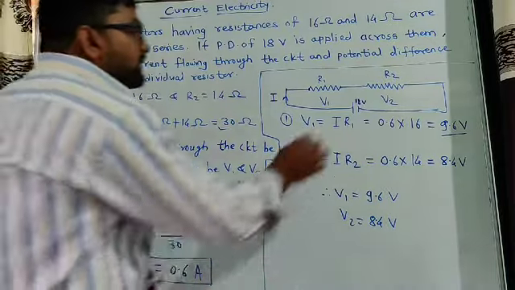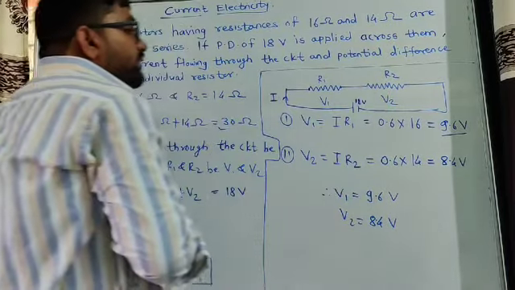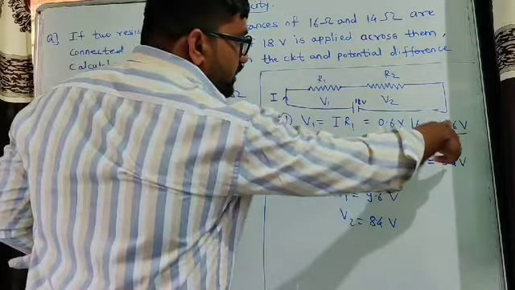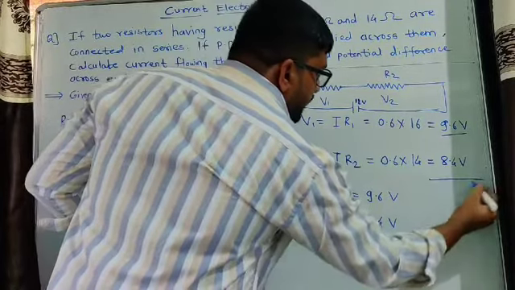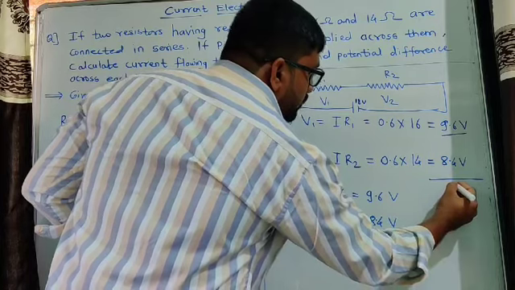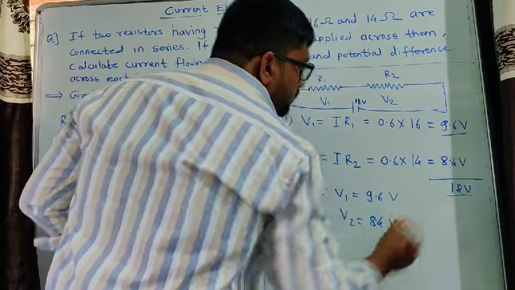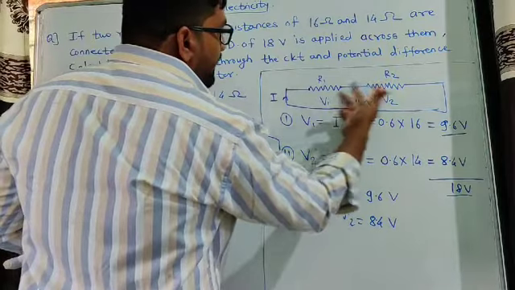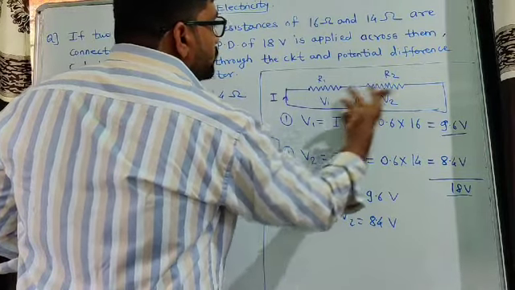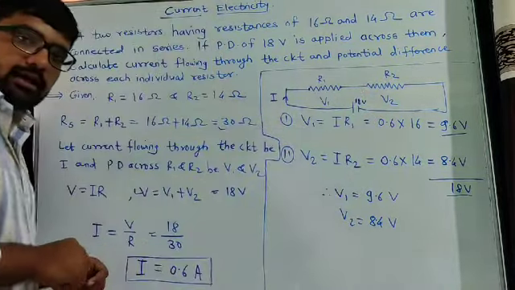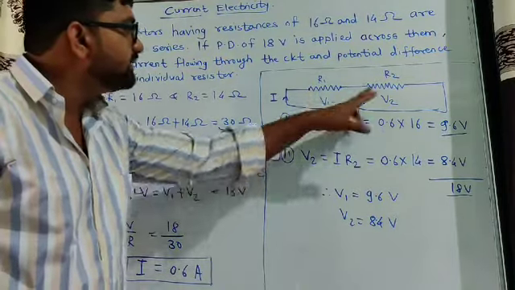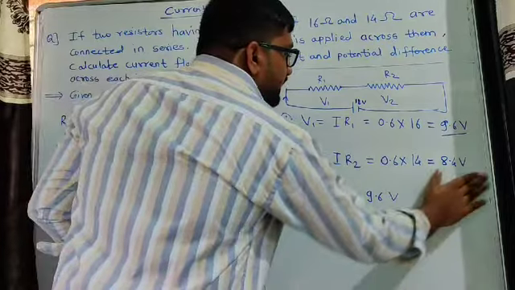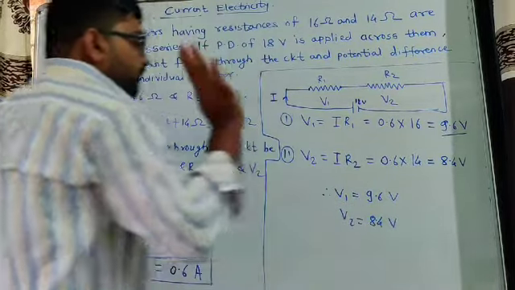Okay, so this total potential difference of 18 volt. Look at, if we take addition of these two, that will be equal to 18 volt. Means this 18 volt gets divided across these two resistors in such a way that we have to solve this problem.